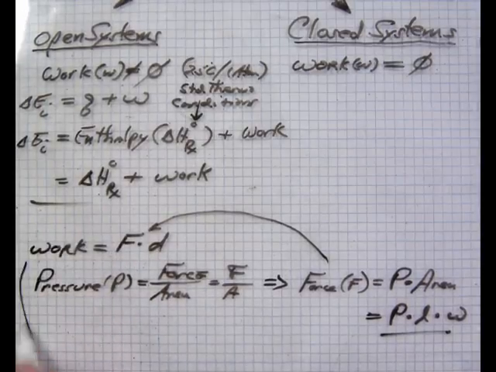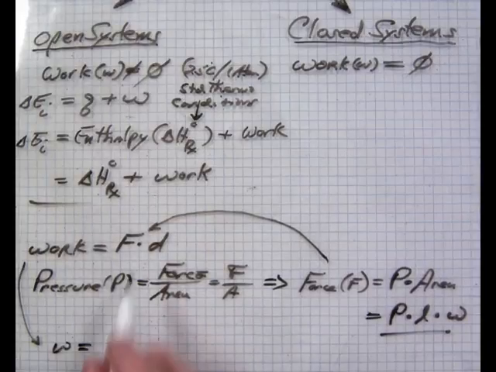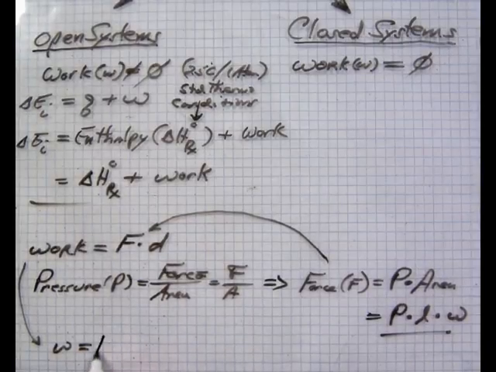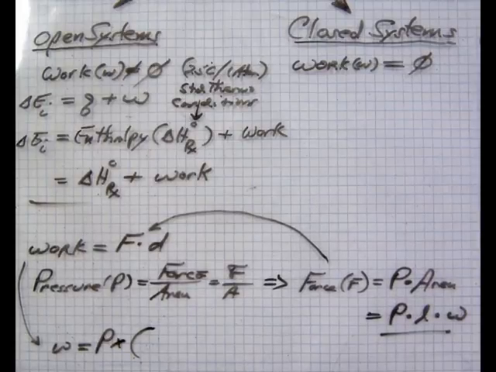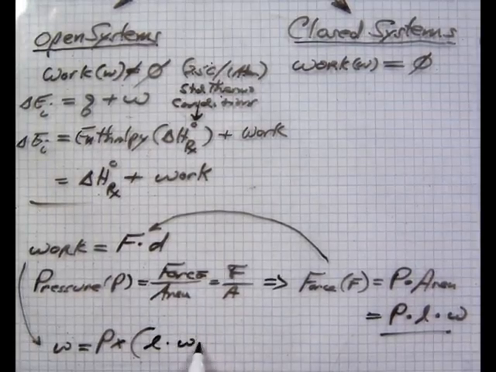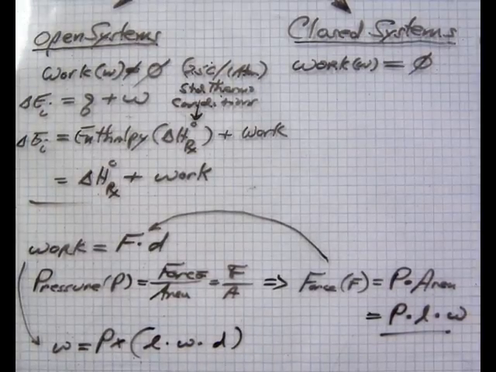So now we come down to work is equal to pressure times, I'll put this in parentheses, length times width times depth. I call it depth because D is a distance, another distance, depth. Well, length, width, and height is volume.